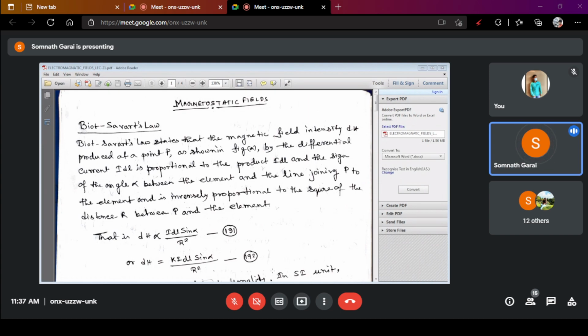This magnet is called an electromagnet, and it has two poles. One is the North Pole and another is the South Pole.